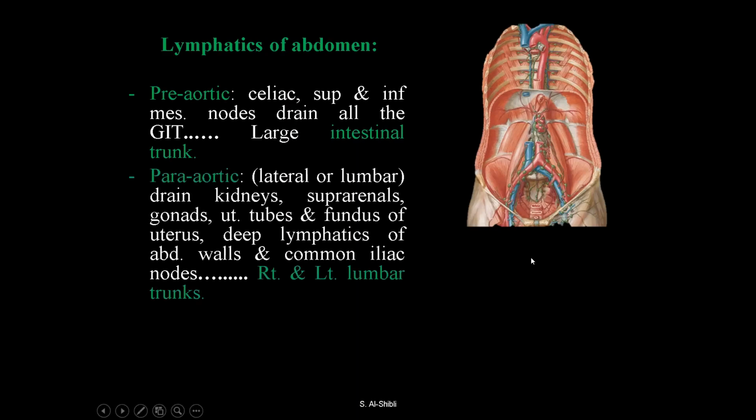And we have the para-aortic, or lateral or lumbar nodes, that drain the kidneys, suprarenals, the gonads, the uterine tube, the uterus, and the lymphatics of the abdominal wall. All these end in two lumbar trunks. So in the abdomen, we have one large intestinal trunk and two lateral lumbar trunks.